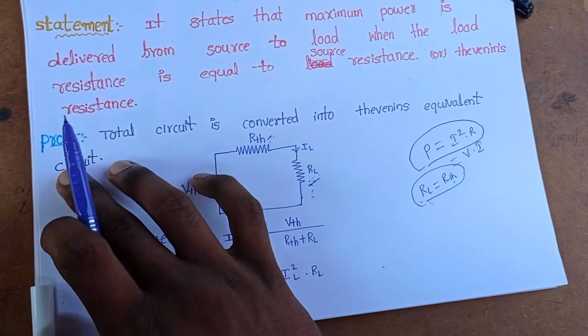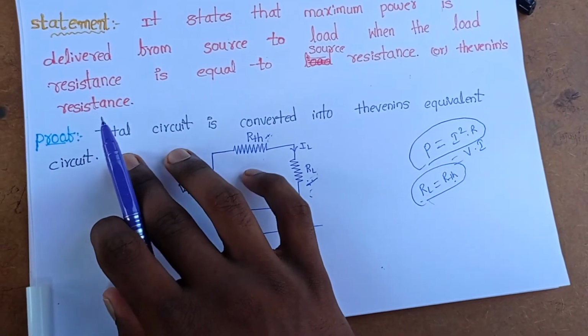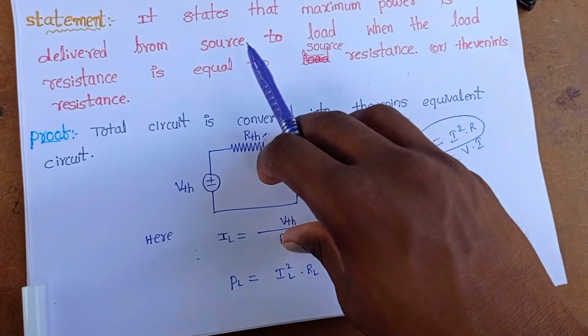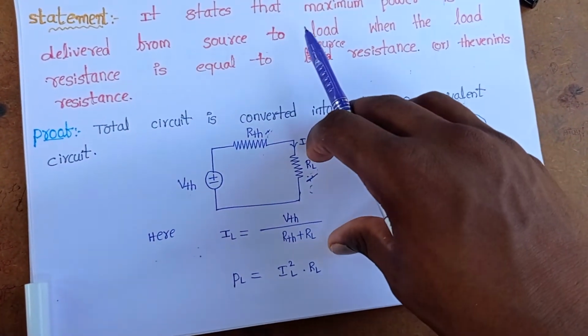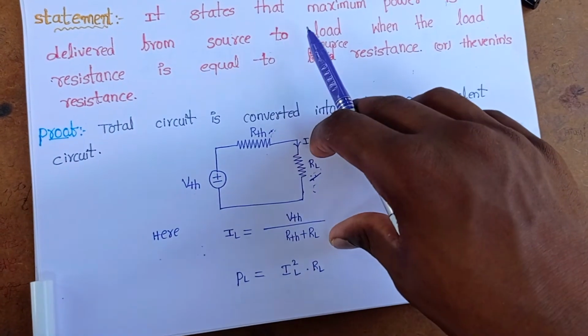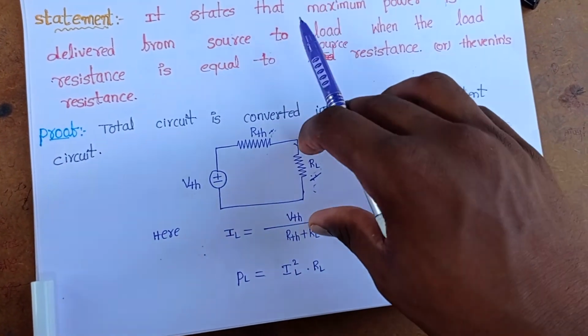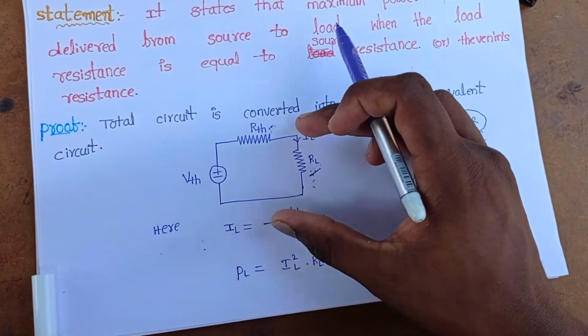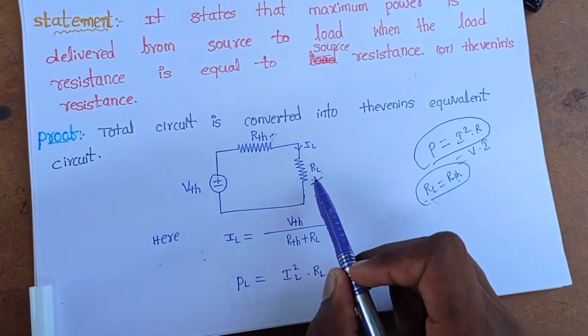Okay, this is the proof for the maximum power transfer theorem. In this proof, we will see why the maximum power is delivered from source to load only when the source resistance is equal to the load resistance. First consider this Thevenin's equivalent circuit.